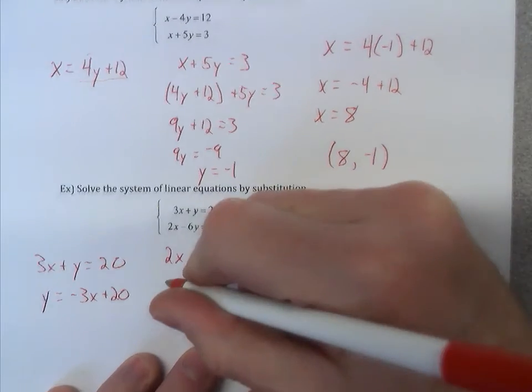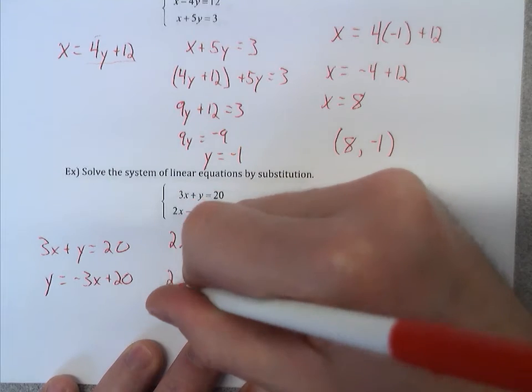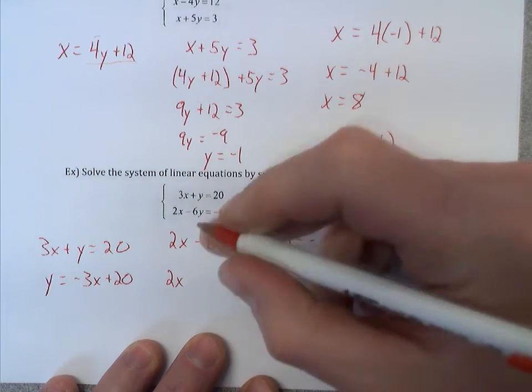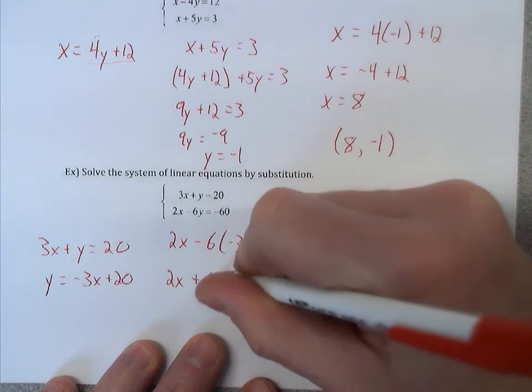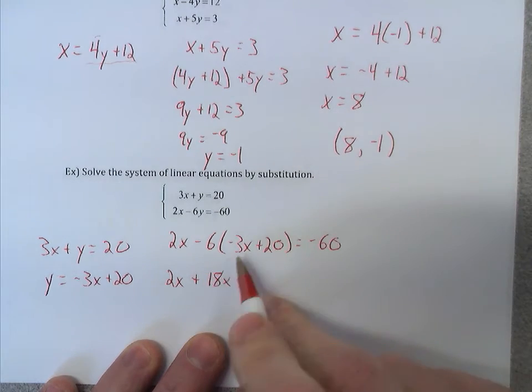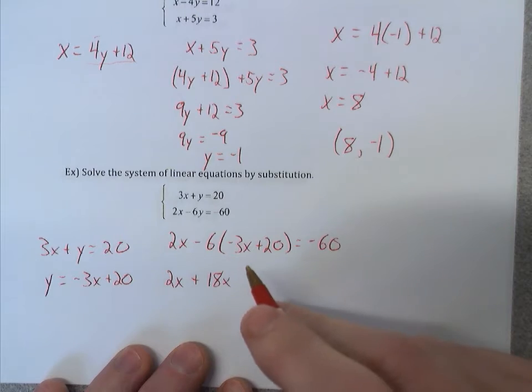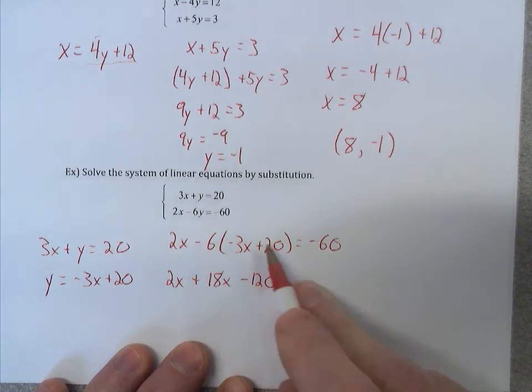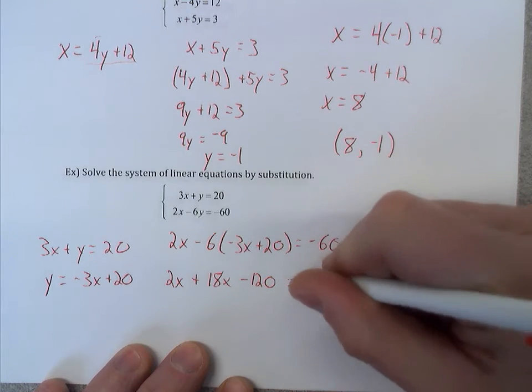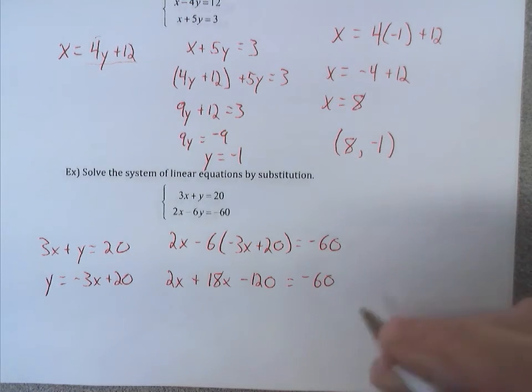Now I just need to distribute. 2x plus 18x. Negative times negative is positive. Minus 120, negative 6 times 20 equals negative 120, equals negative 60.